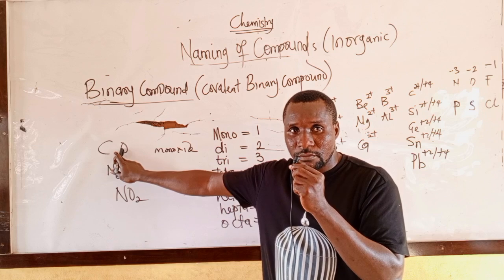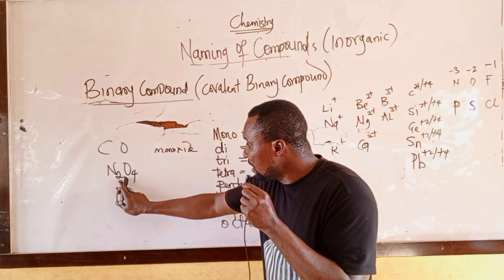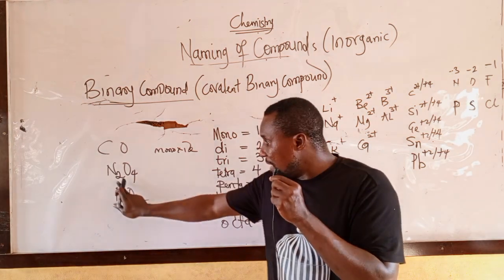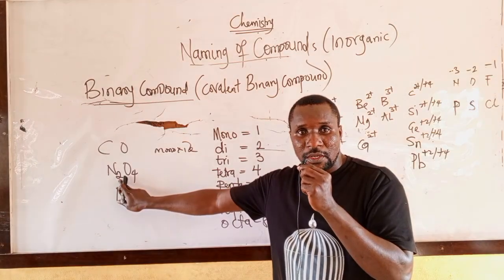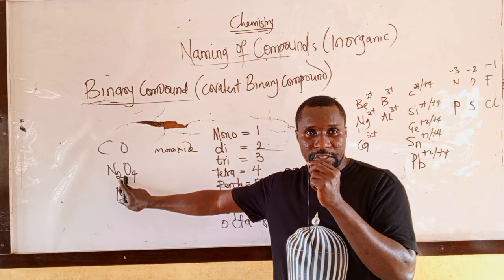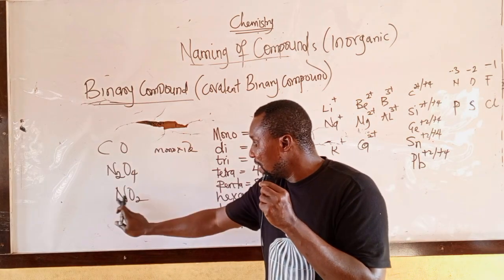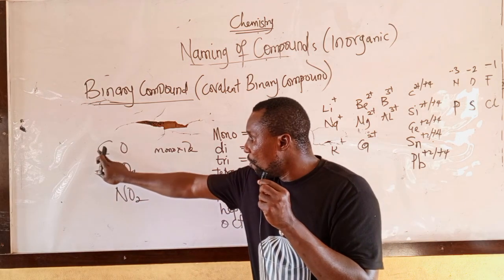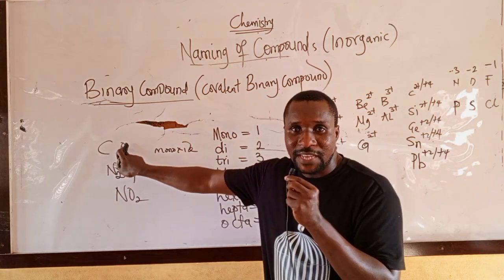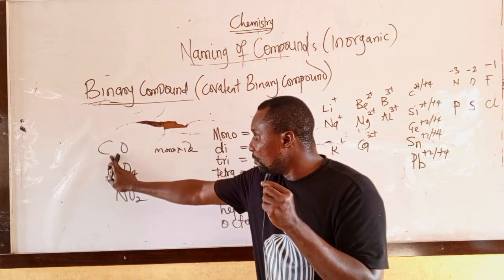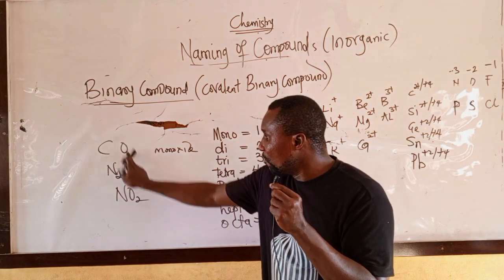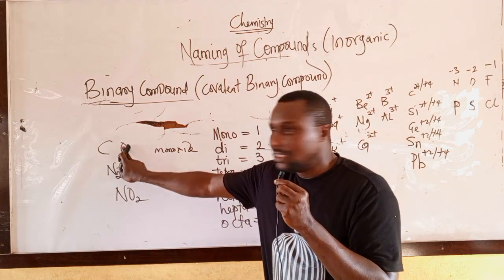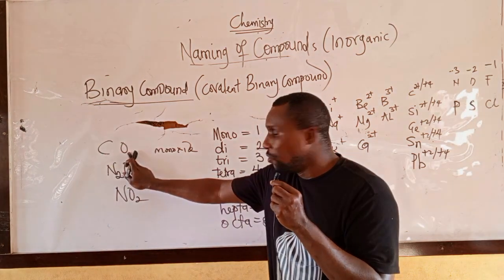Please, don't give it. But if the first element is 2, I can now give it a prefix. If it is 1, don't say mono-carbon monoxide. That is wrong. It is just carbon monoxide.